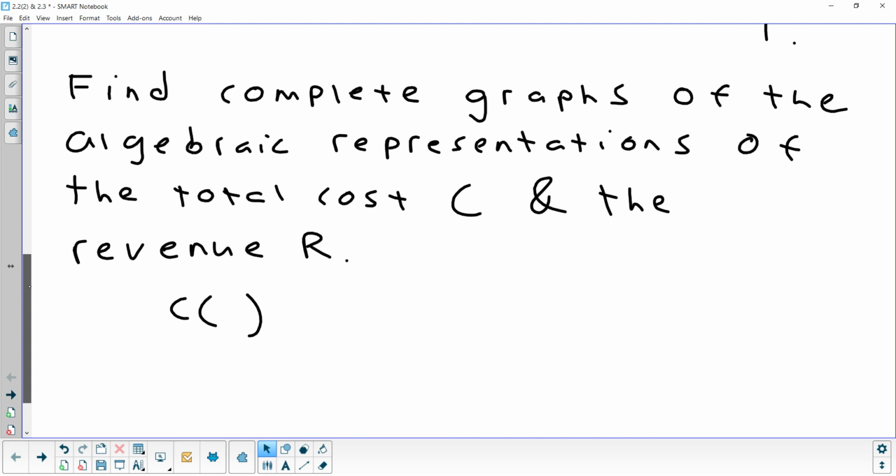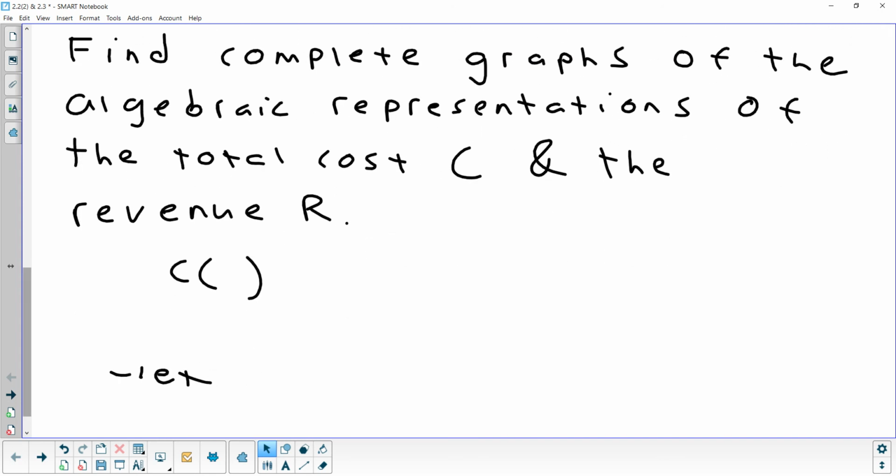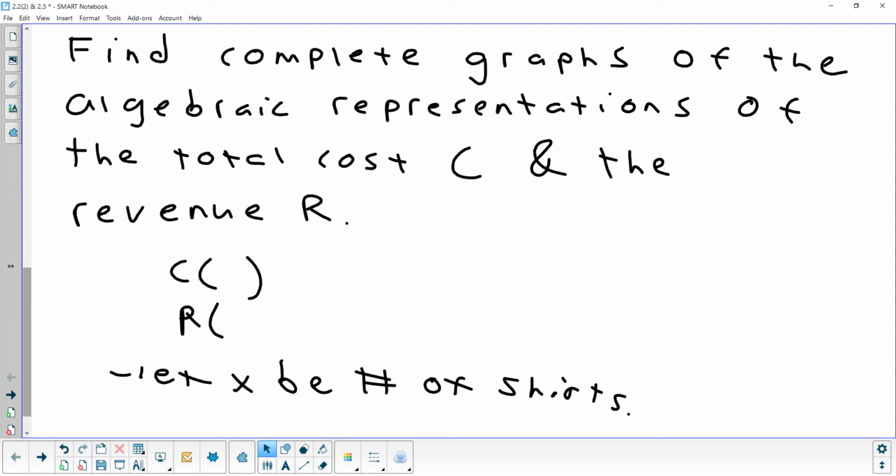Keeping it simple, we'll assume if you make the shirt, you sell it. So let's let X be the number of shirts. And that will allow us to create a formula for the cost and the revenue.